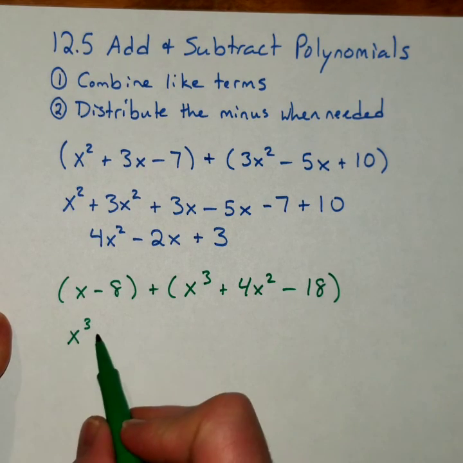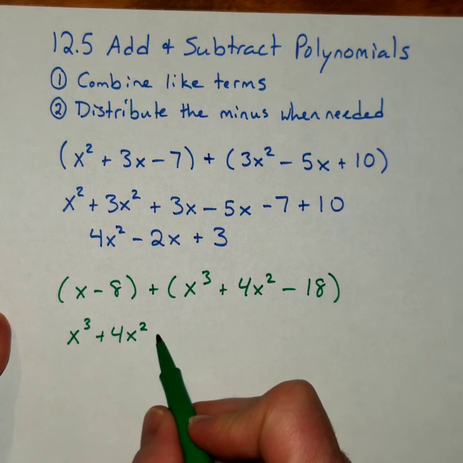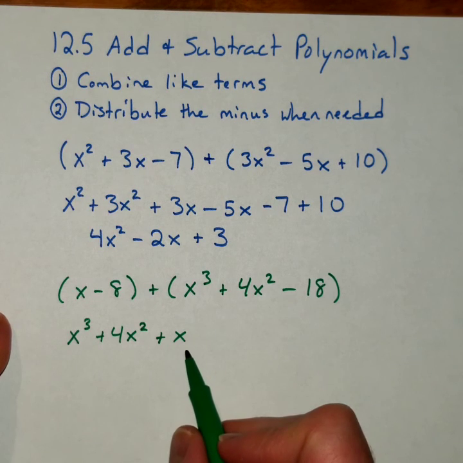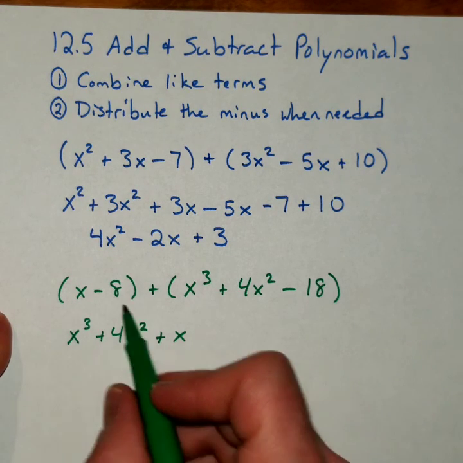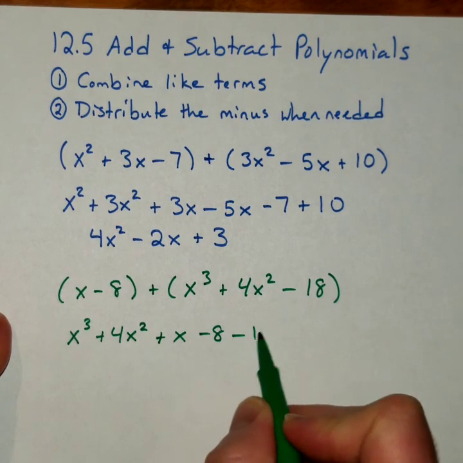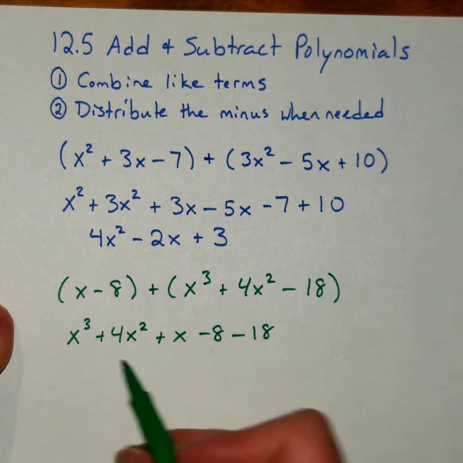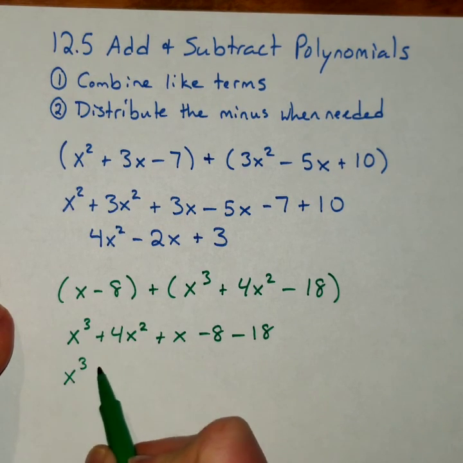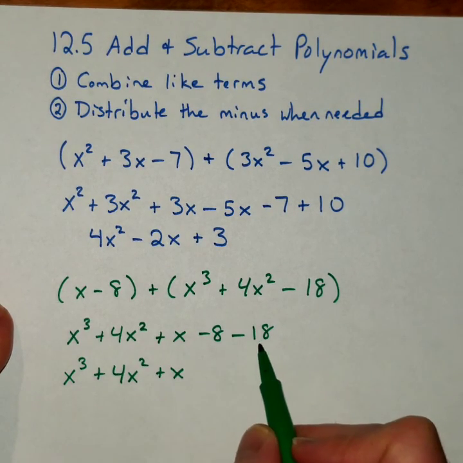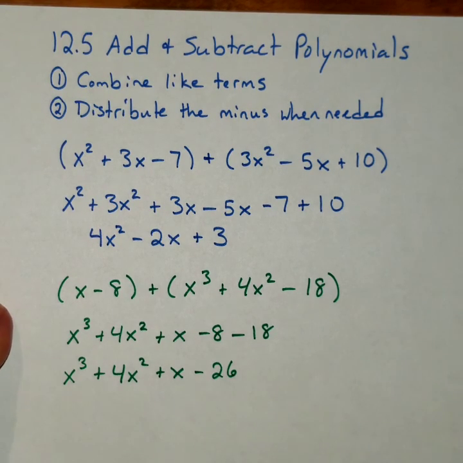The x squared term, I'm going to separate that off, but again, it's the only one. The x term, I'm going to separate that off. It's positive, so I'm going to use a plus x, and it's the only term. And then the constants, there are two of those: one's minus 8 and one's minus 18. The first three terms are all unlike terms. I can't combine any of those with anything else, so I'm going to leave them alone. But the last two terms, the constants, will combine to give me a negative 26.